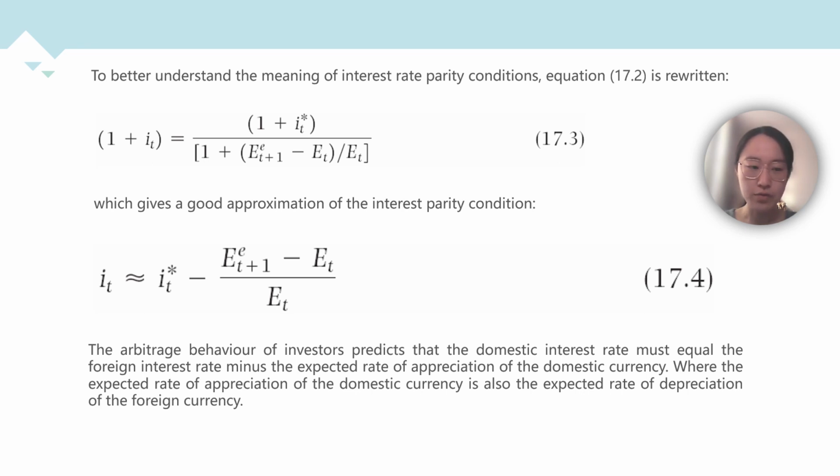Equation 17.4: the arbitrage behavior of investors predicts that the domestic interest rate must equal the foreign interest rate minus the expected rate of appreciation of the domestic currency, where the expected rate of appreciation of the domestic currency is also the expected rate of depreciation of the foreign currency.